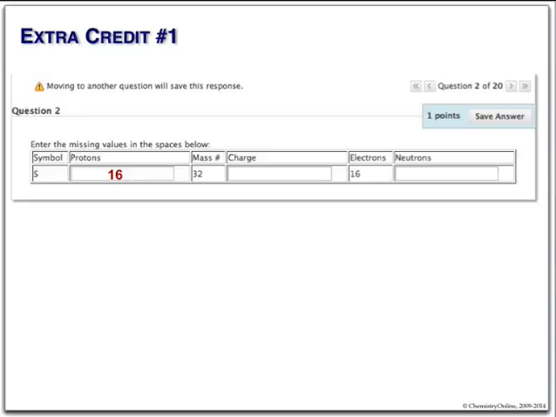Therefore, the charge must be 0. You must put a 0 in. And finally, if this is our mass number, and we have 16 of them as protons, we also have 16 neutrons.